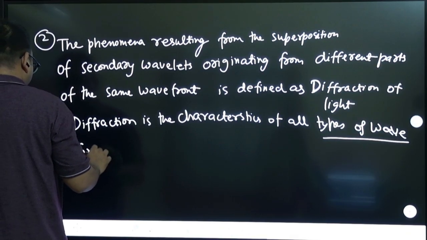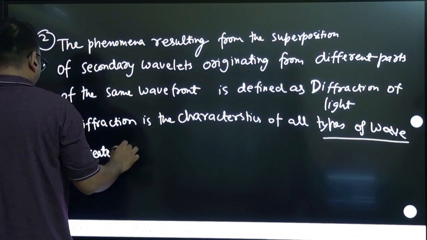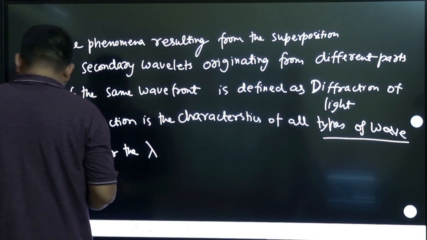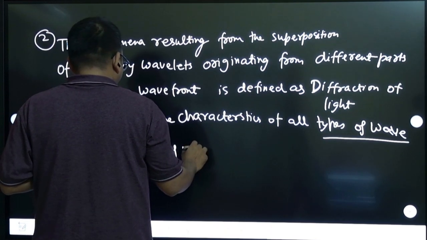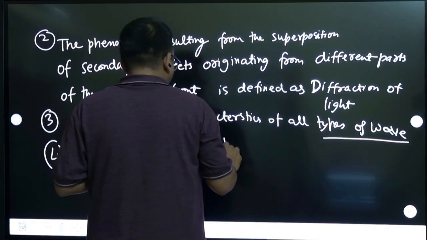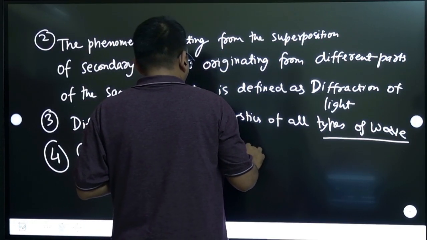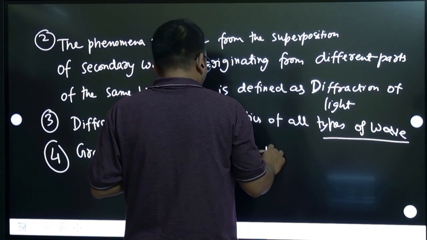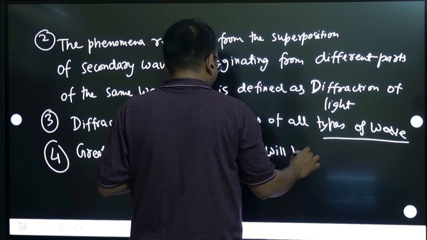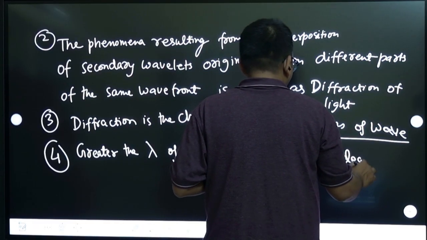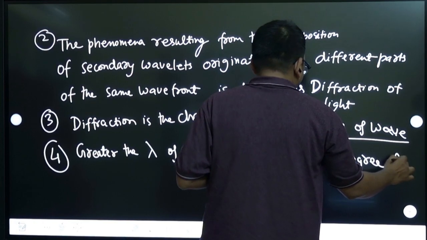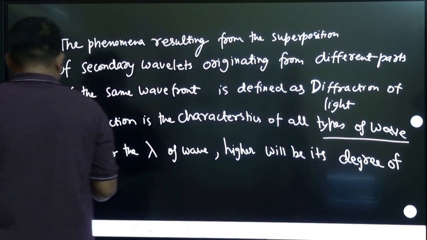Next point: the greater the wavelength lambda of a wave, the higher will be its degree of diffraction.